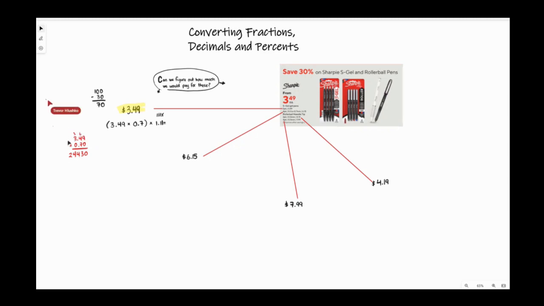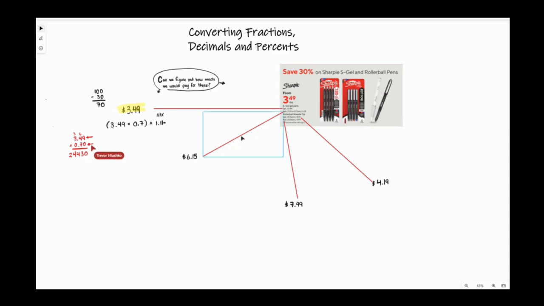Now, when I multiply decimals, and this is actually something that we'll cover later on, when I do it like this, I just ignore the decimal place for now. Then when I have my answer, I can add the decimal places back in. To do that, I look at how many numbers after the decimal I have in the first number and in the second number.